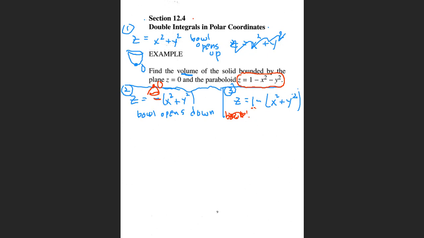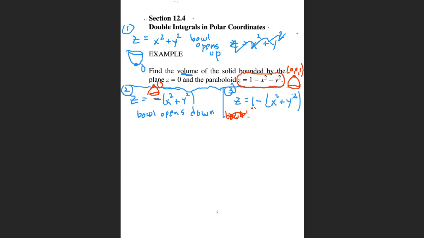If we were to draw bowl number 3, it's going to open downward. But what's the high point going to be? Right, it moves it up 1 unit. That's right, Lexi. So this point here is going to be 0, 0, 1.